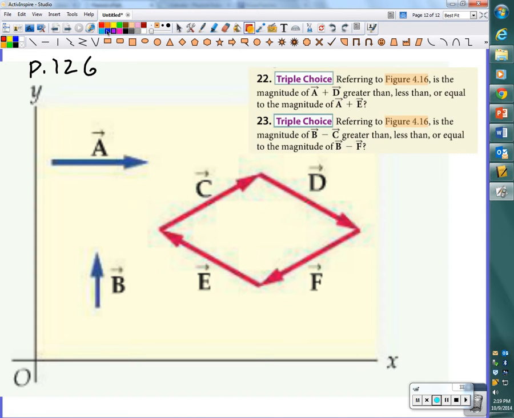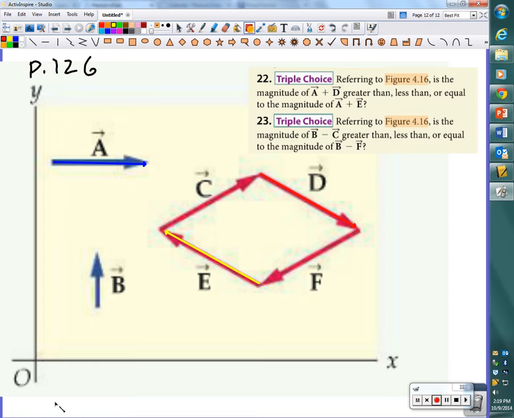So I'm going to draw a new blue arrow over this blue arrow of A. Same length, just now I'll be able to move it. And then I will draw an arrow here with D. And then, just to distinguish the two, I will draw a yellow arrow here on E. Okay? Good there.